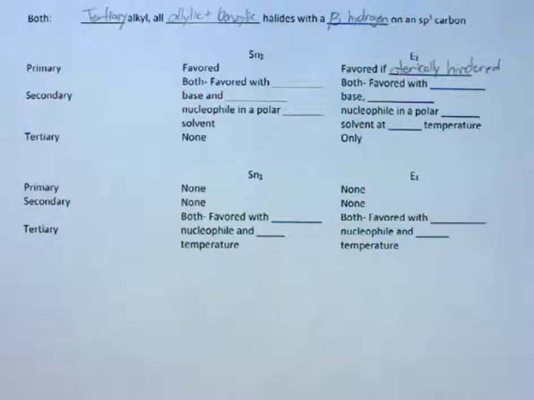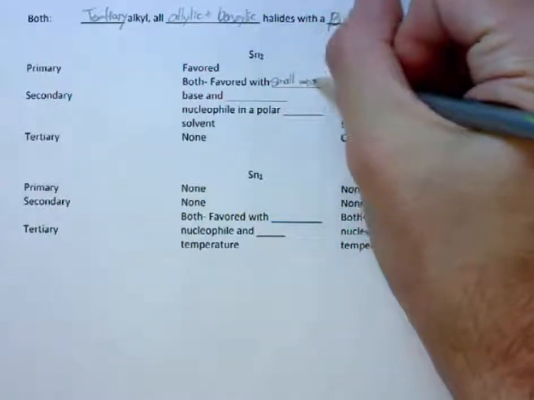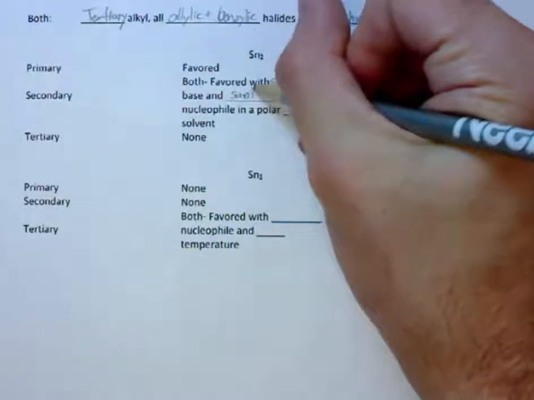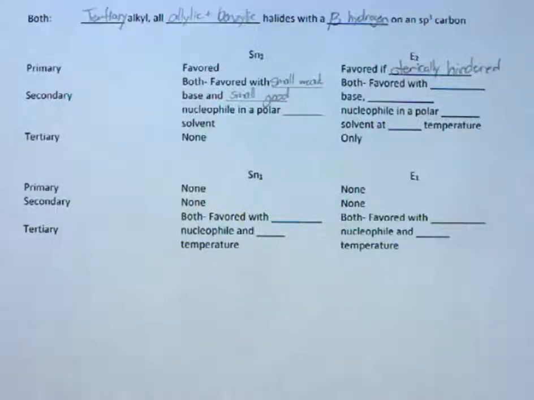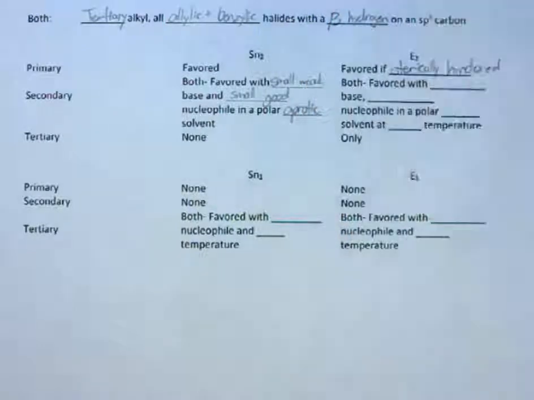However, with SN2, if you use a small and weak base and a small and good nucleophile and a polar aprotic solvent, you can make more SN2 product.